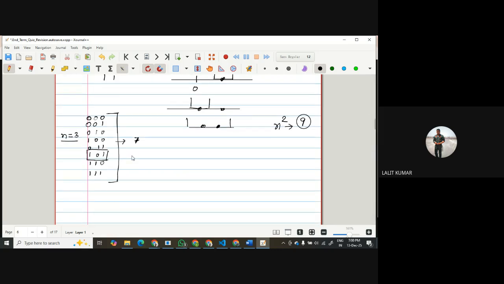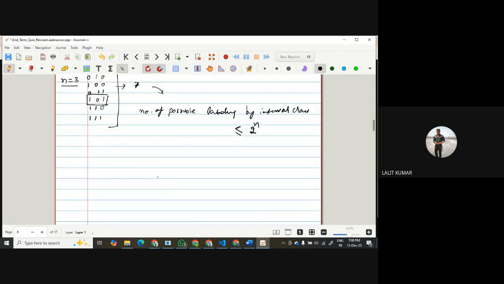So by choosing the interval class, I can further reduce the number of possible labelings, which is less than or equal to 2 to the power n. Earlier for finite we had H e to the power minus 2n epsilon square.